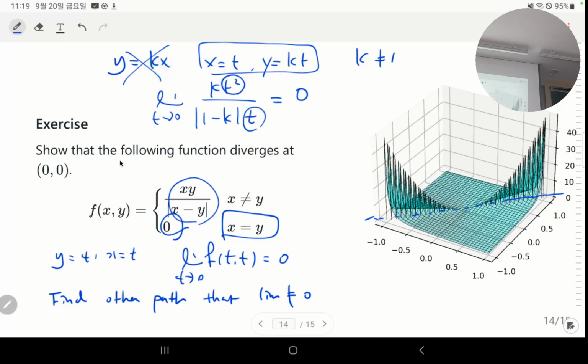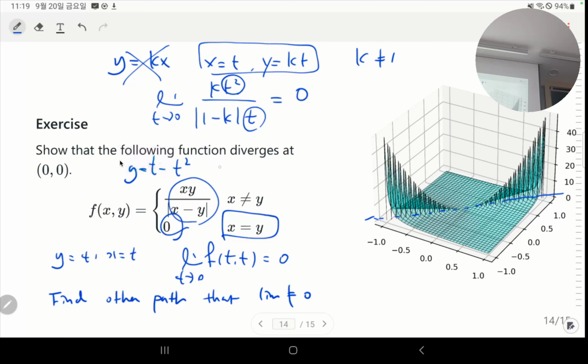Does any group have any idea about the shape of a curve? Yes. That's good. That's actually the correct one.